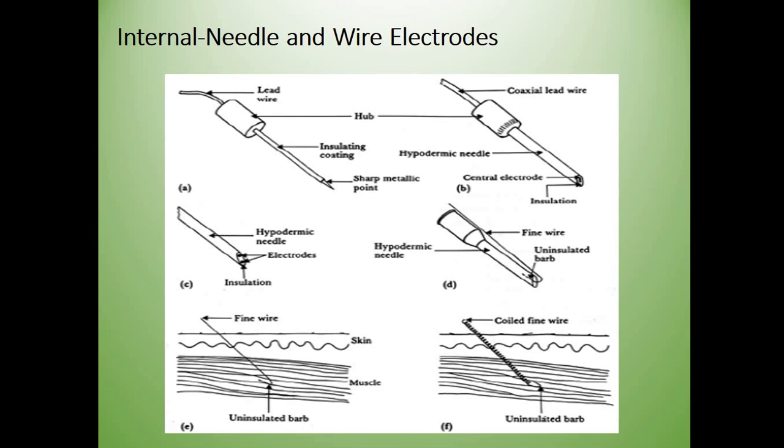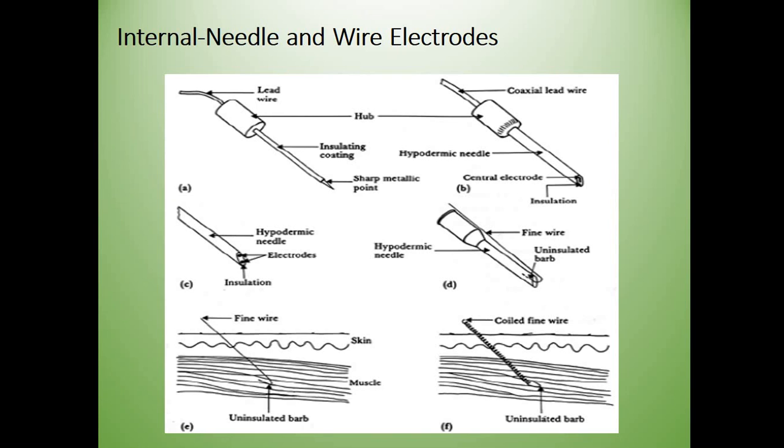The third type of electrodes is the needle electrodes or wire electrodes. Needle electrodes are used to penetrate the skin to record EEG potentials from a local region of the brain or EMG potentials from a specific group of muscles.